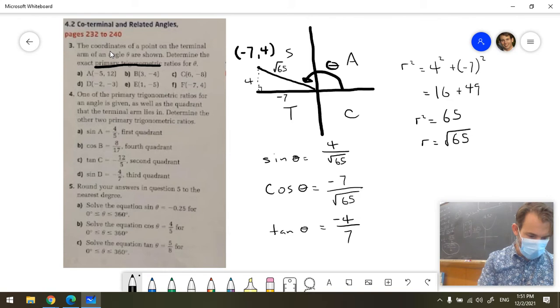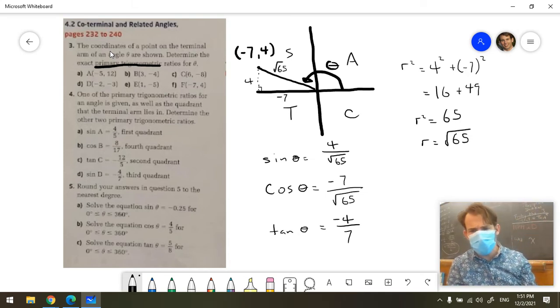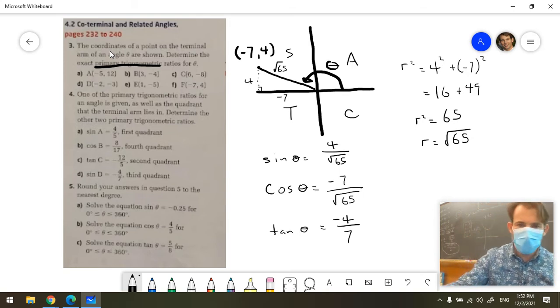Inverse cosine of negative 7 divided by the square root of 65 equals 150. Did I say 135? That was really, really wrong. 150. I'm surprised. Why did I say 135? That's very strange. I took away way too much. My guess was really off. Okay, cool. I'm learning from my bad guess.